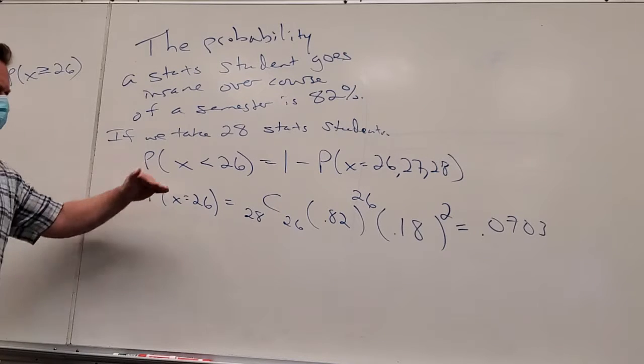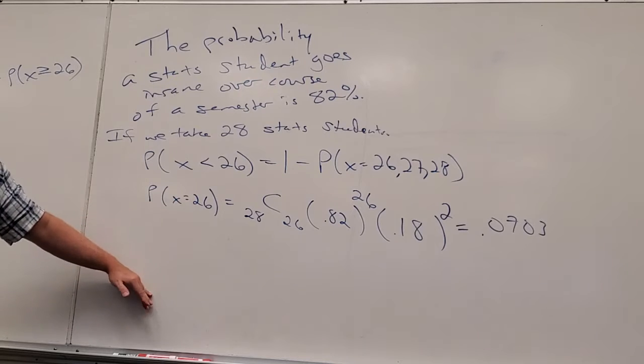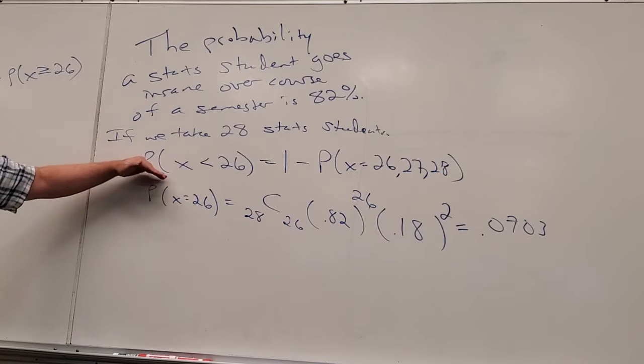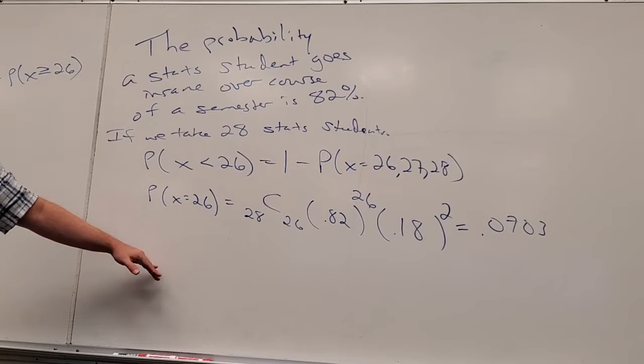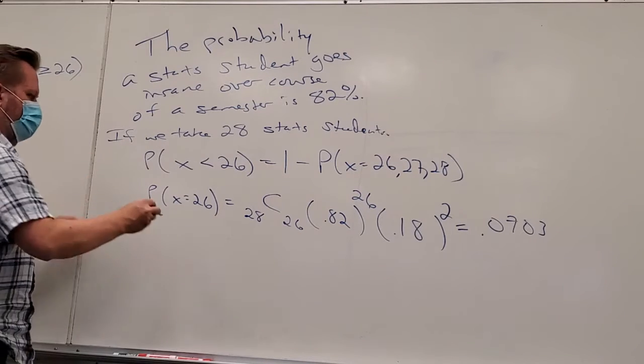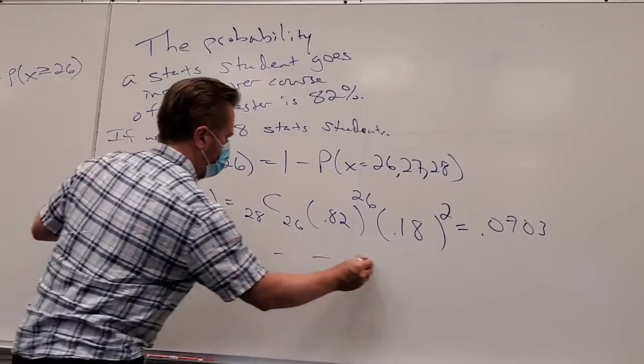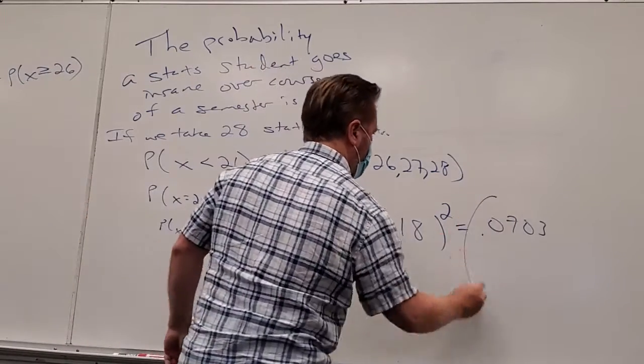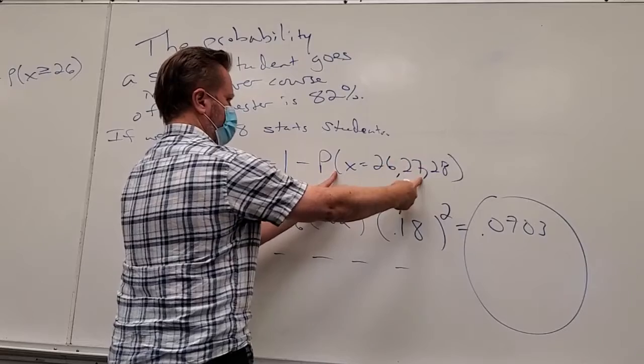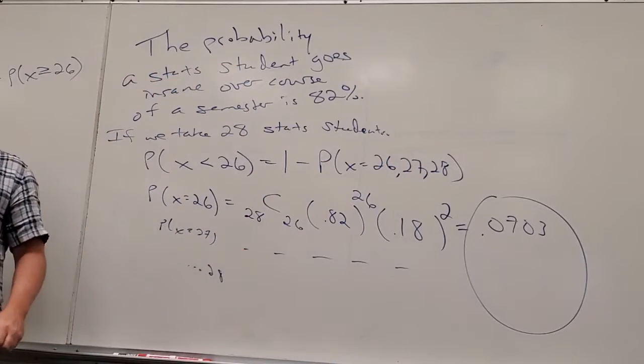Is that all right? We didn't finish this. If you desperately want me to, we could finish it, but we talked about what to do. You take all those numbers, add them, and then do 1 minus it. So you do 27, you do 28, get a number, add all these up, and then 1 minus that is the answer.